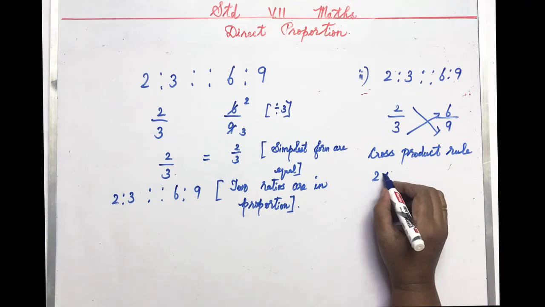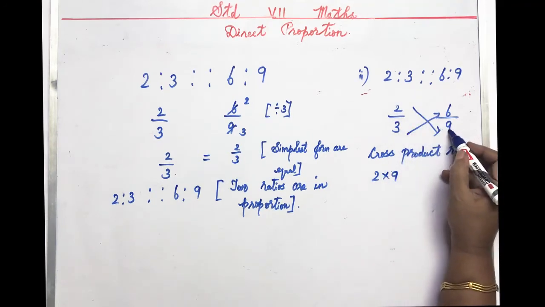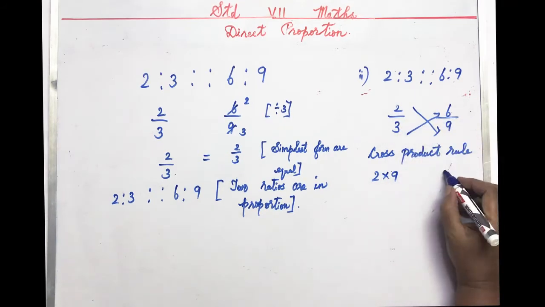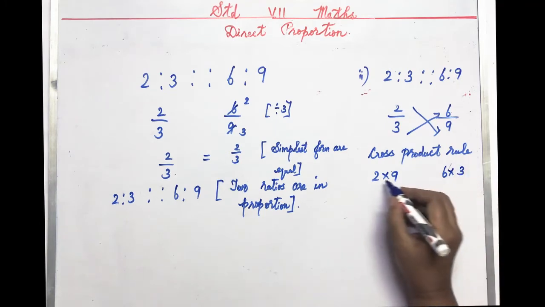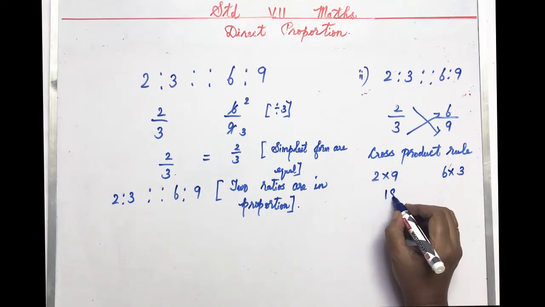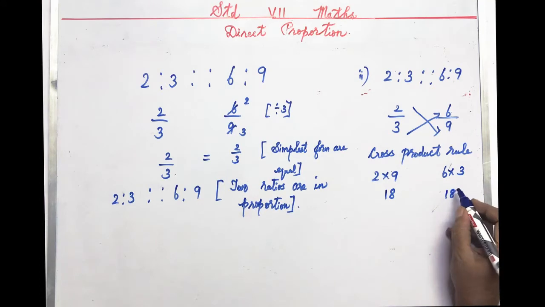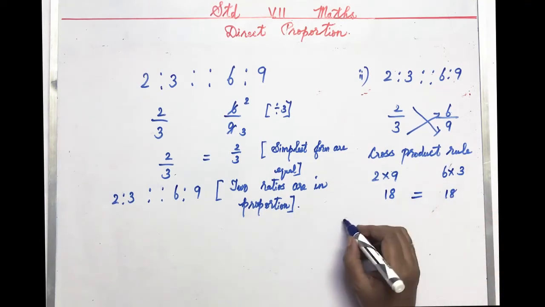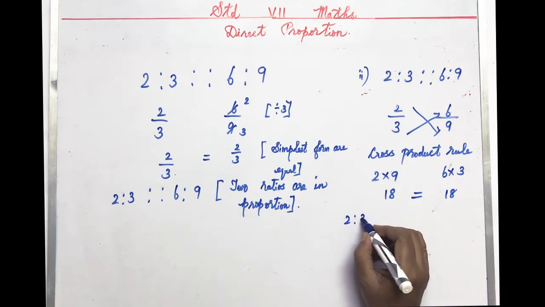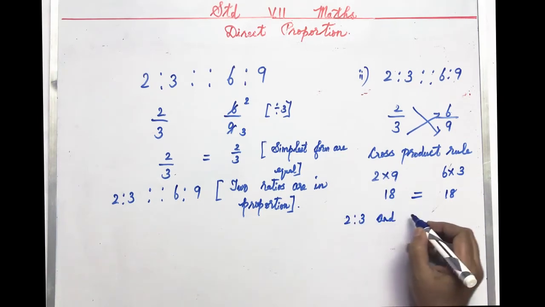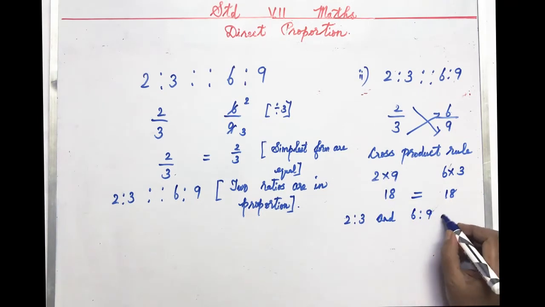So 2 into 9, and here 6 into 3. Now find out the answers. 2 9s are 18. 6 3s are 18. Both the answers are same. Both are equal. That means 2:3 and 6:9 are in proportion.